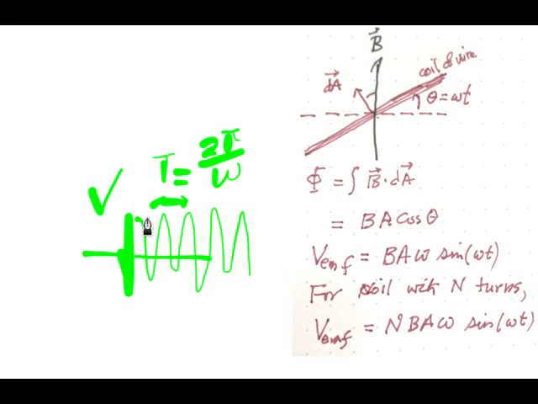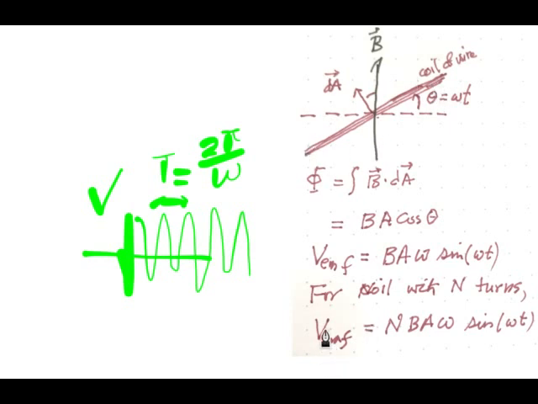So you see I have an alternating voltage. Now BA omega sine theta would be the alternating voltage for one single turn of wire. But if I have a coil with N turns of wire, I'll just get N times this voltage. That will be the total voltage around the whole coil, all N turns of the coil.